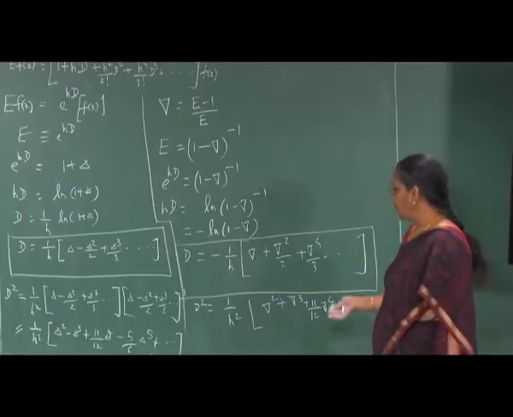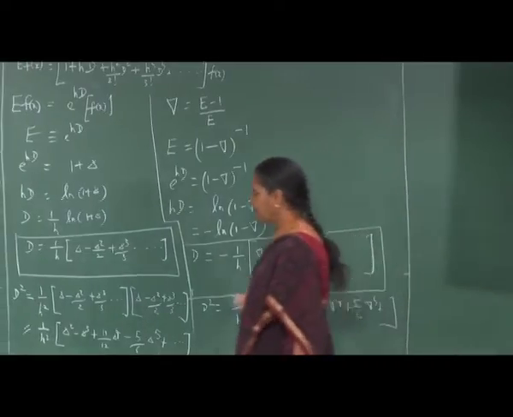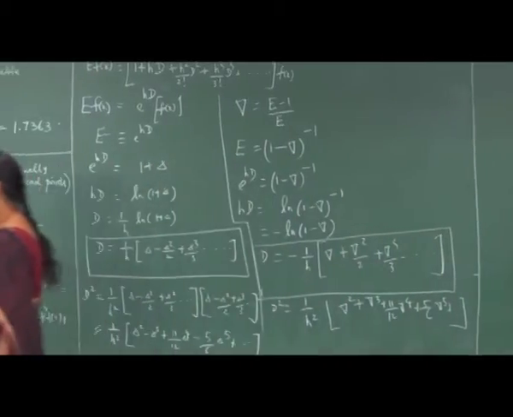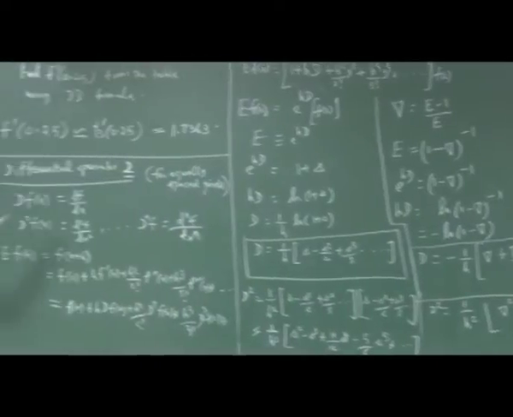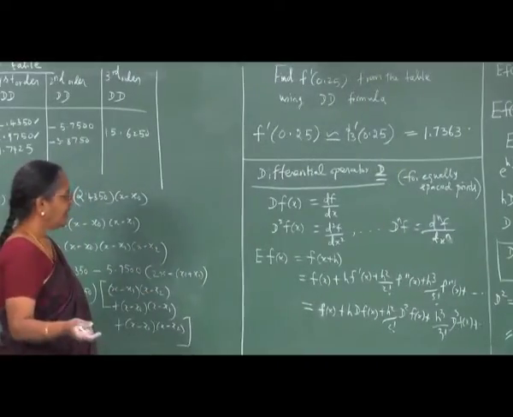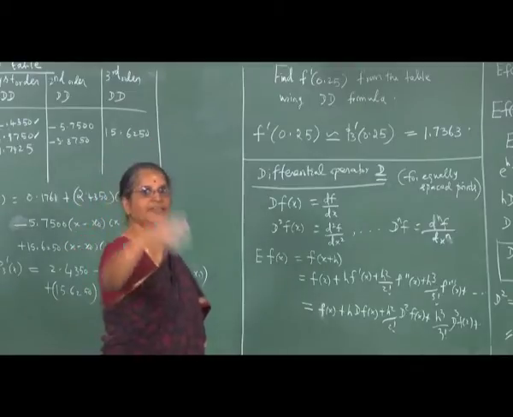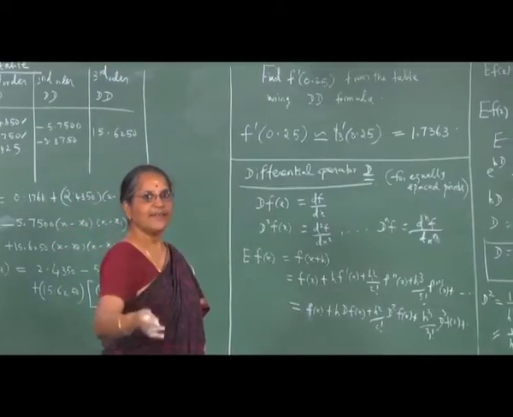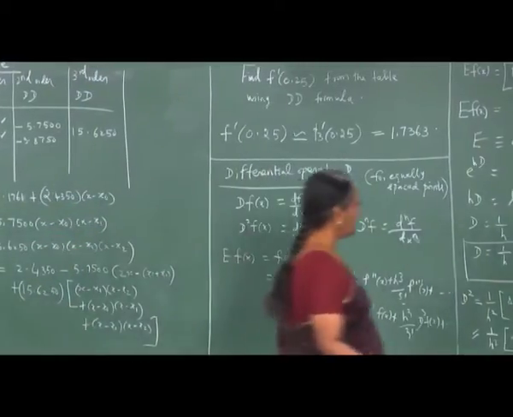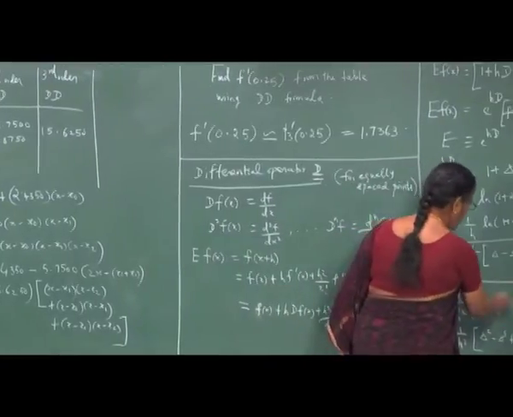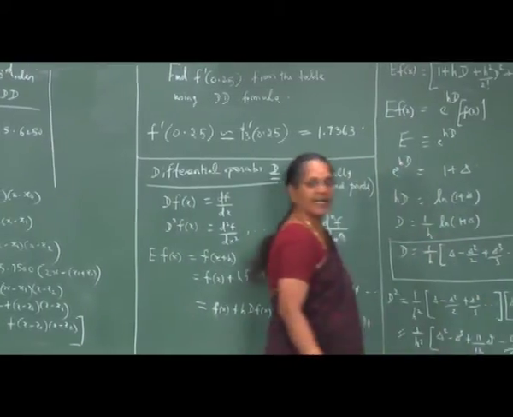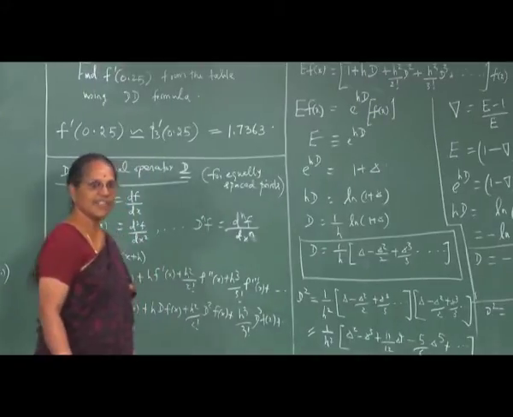Then you will be able to get estimates which make use of the information in the beginning of the table as well as at the end of the table, according as you use the forward difference table or a backward difference table.